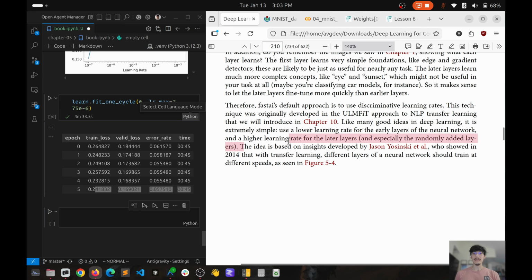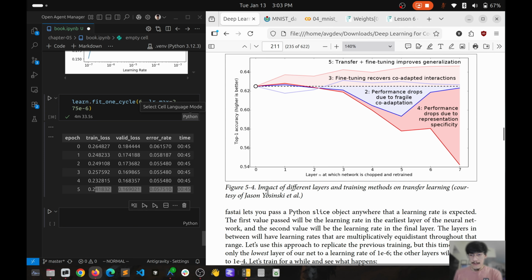The idea is based on the insights developed by Jason Yosinski et al., who showed in 2014 that with transfer learning, different layers of a neural network should train at different speeds, as seen in Figure 5-4.